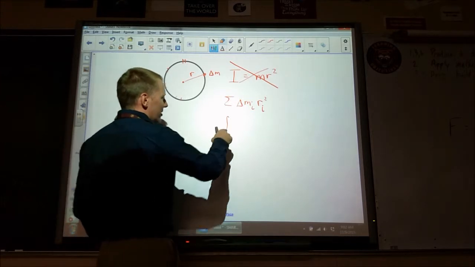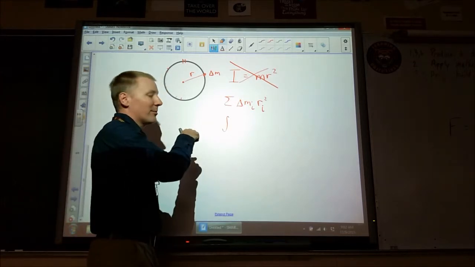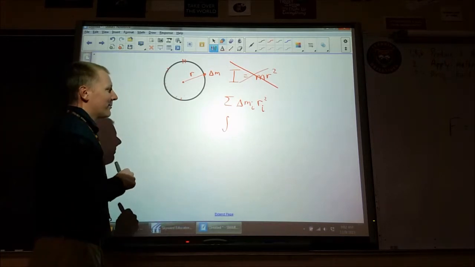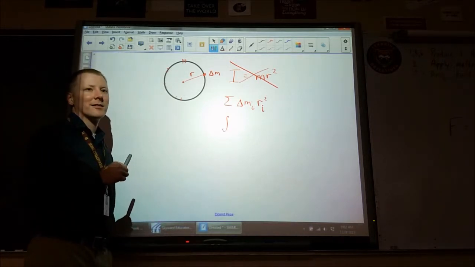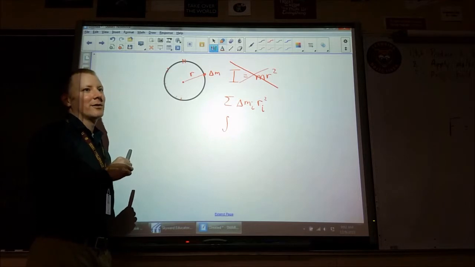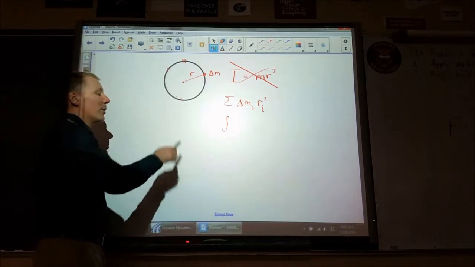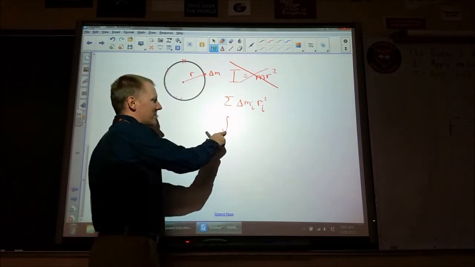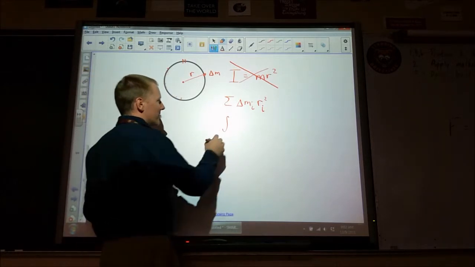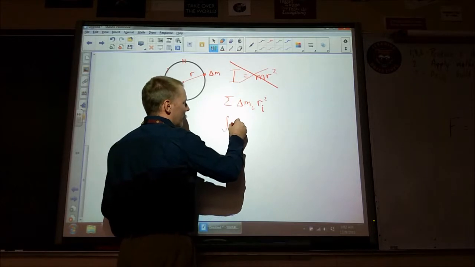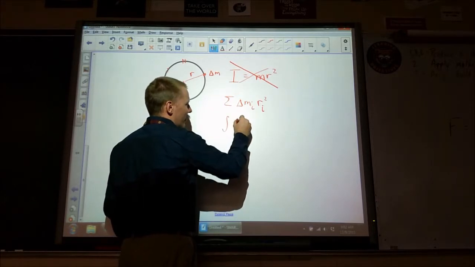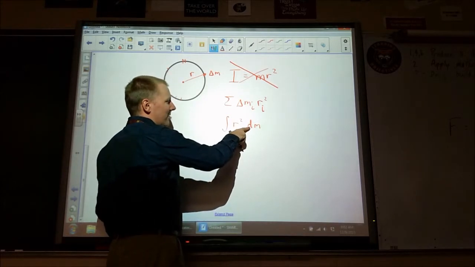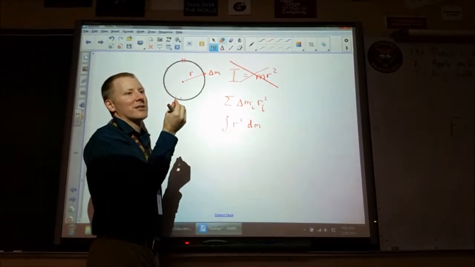So we would actually do an integral, which is this cool German S thing, right? Leibniz was the German developing calculus at the same time as Isaac Newton, but doesn't get much of the credit. But we do use his way to write derivatives and integrals. So S for sum, and we take the r squared and have now in calculus, instead of a delta, use a d, which means an even smaller amount.